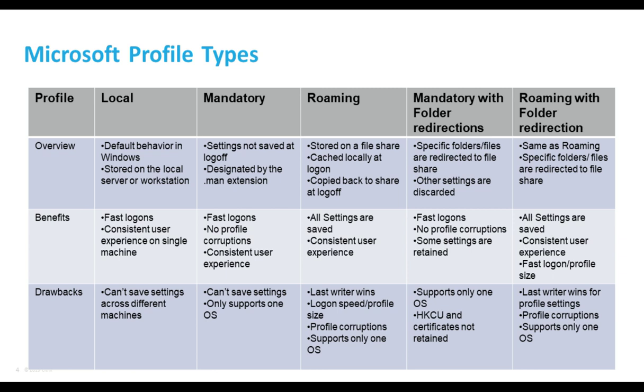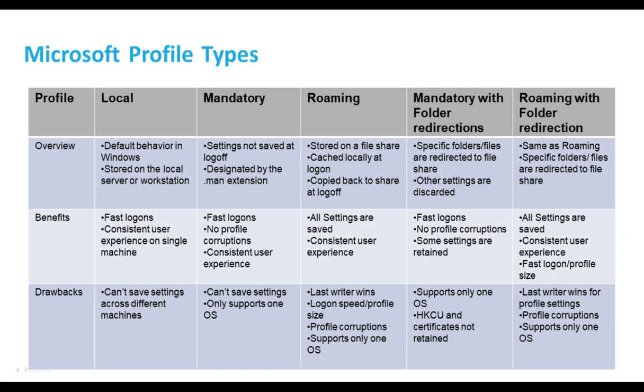To help decrease the size and to allow some flexibility for mandatory profiles, we can add in folder redirection. The same is true of roaming profiles. That cuts down on the roaming profile size quite a bit.